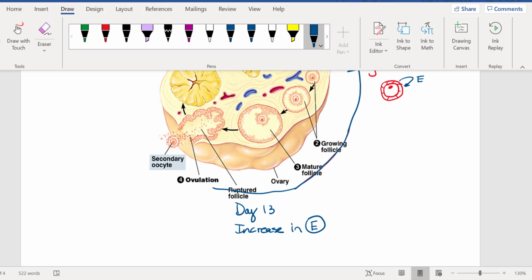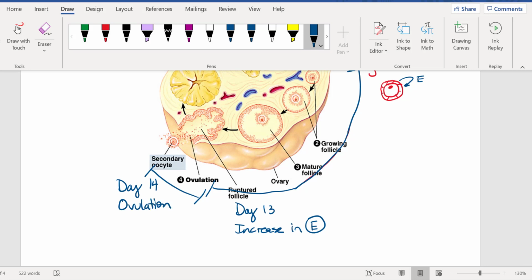And what that does is it makes the next day we have ovulation. All right, so an increase in estrogen causes a surge in LH, and that causes the ovum to be released. And so day 14, this is ovulation.